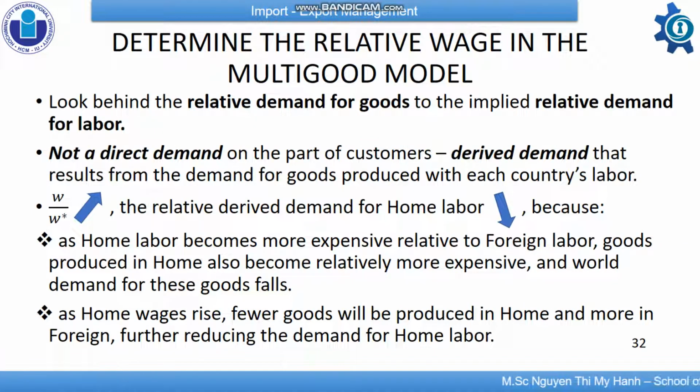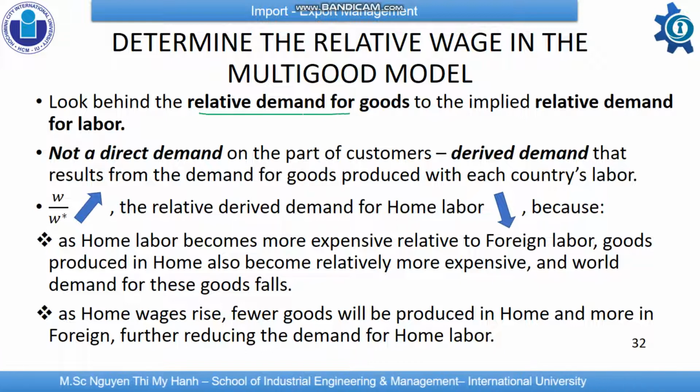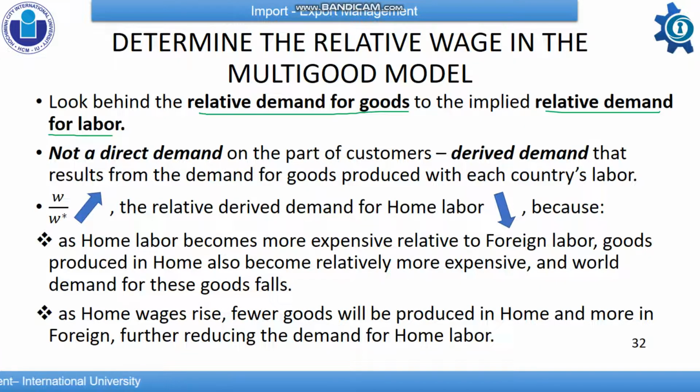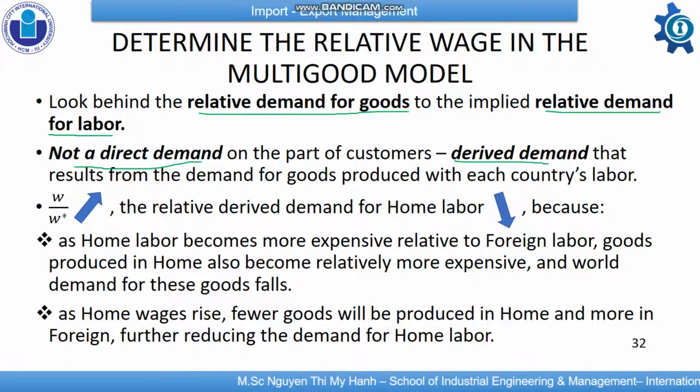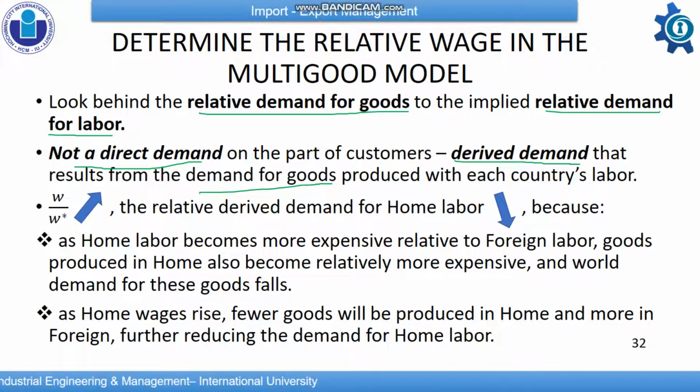To determine the relative wage, we have to look behind the relative demand of goods to the implied relative demand for labor. What is the relative demand for labor? That is not direct demand on the part of customers, but the derived demand resulting from the demand for goods produced with each country's labor.